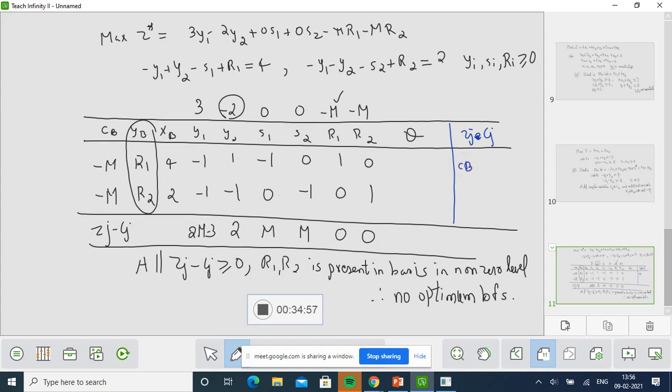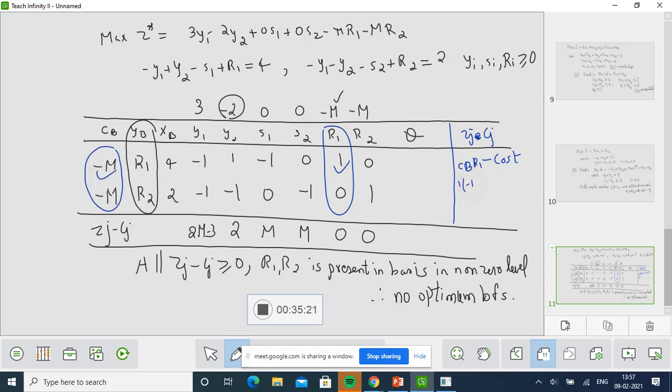Multiply CB with R1, minus the cost. Now, what is the CB for R1? Look here. This is my R1 column and this is my CB column. This 1, I should multiply with this minus m.